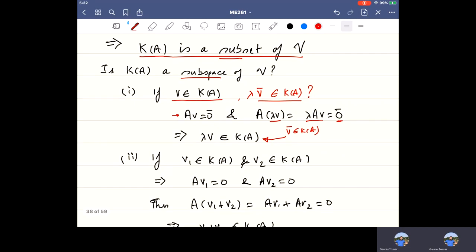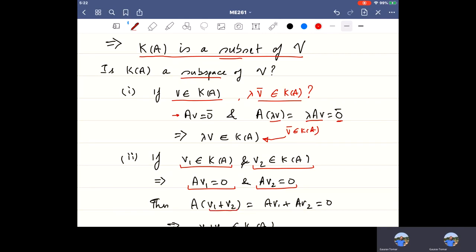If we take two vectors which belong to k of A, let's say v1 which belongs to k of A and v2 which belongs to k of A, then Av1 is 0 and Av2 is also 0, because that's the definition of k of A. Now if we add them up, v1 plus v2, will that also get mapped to 0?